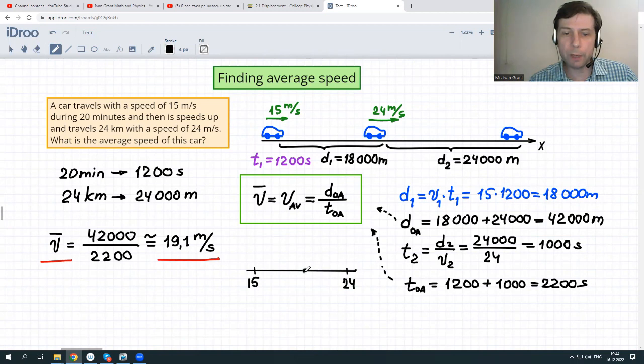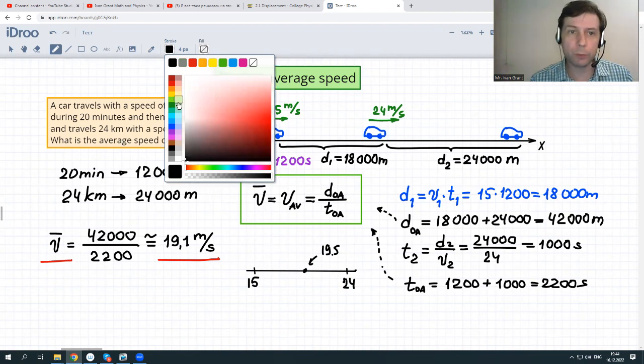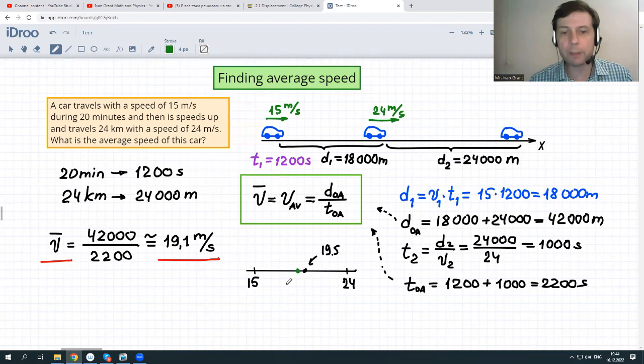So this would be the average, 19.5. But our number is 19.1. You see, our number is a bit closer to 15 than to 24. This left part is about 4 meters per second. The right part is about 5.